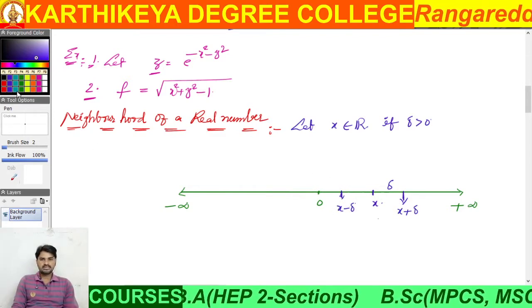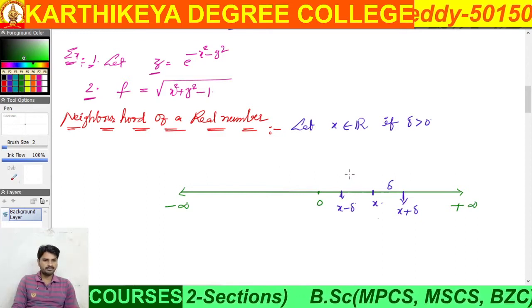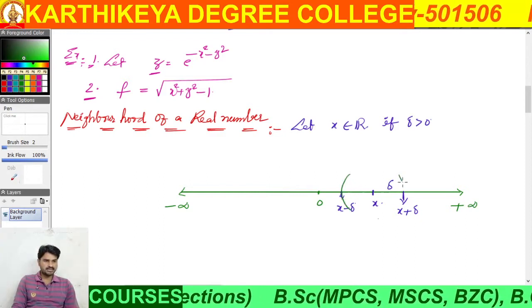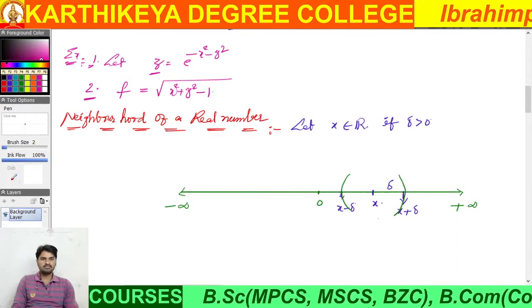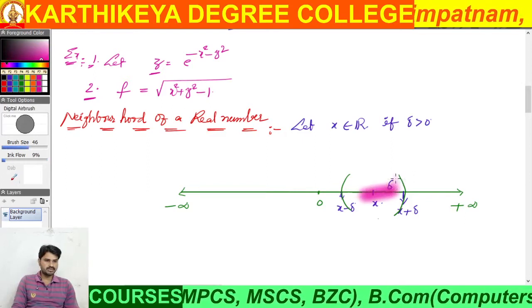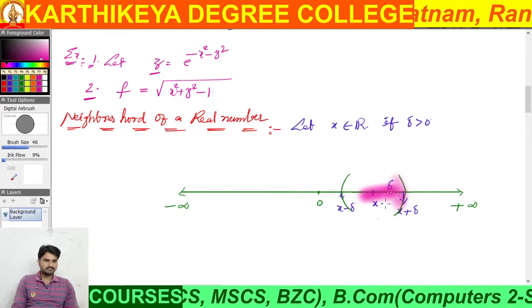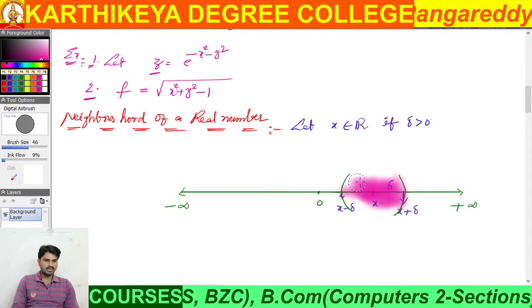Now the set of all points which lie between x minus delta and x plus delta is called the neighborhood of the real number x.